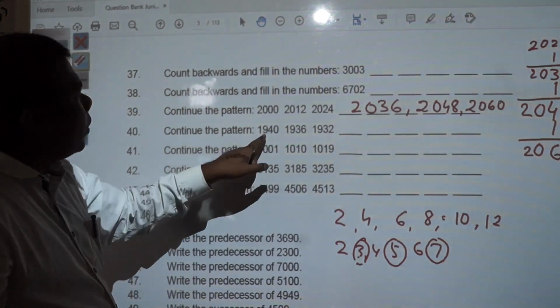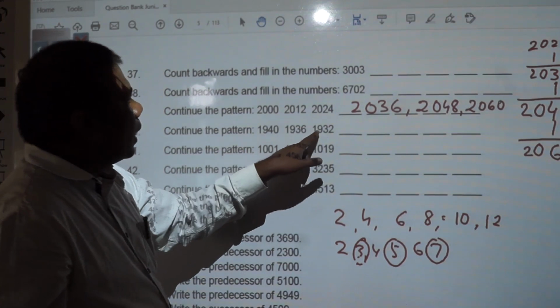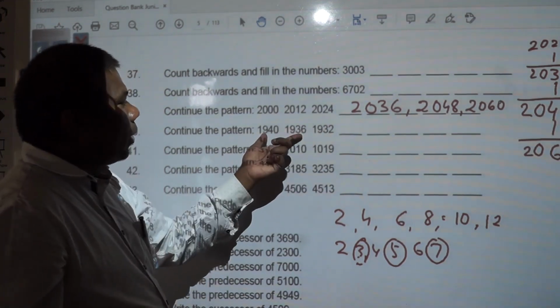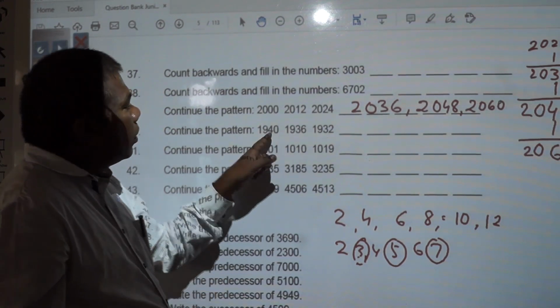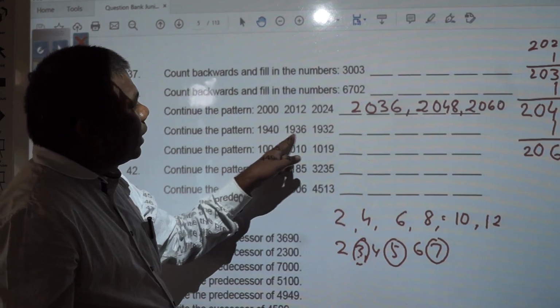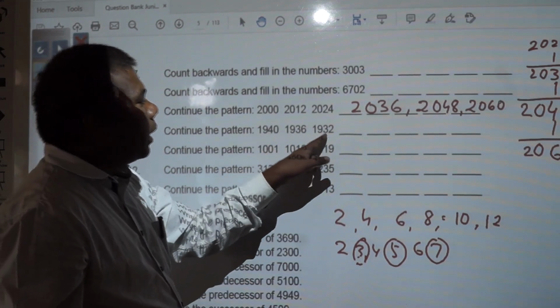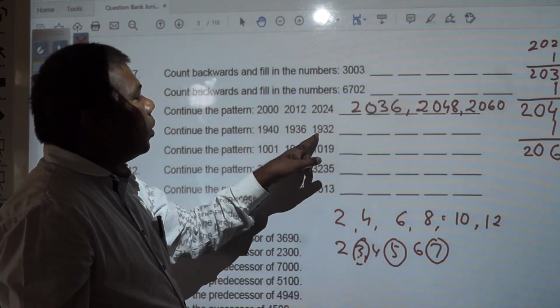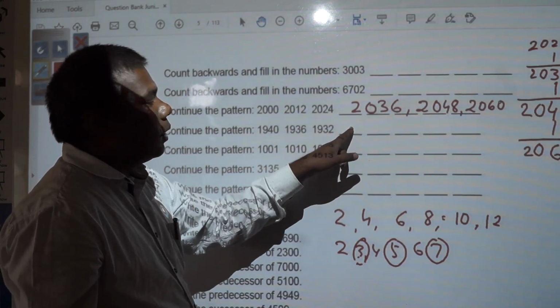Here the next pattern you have is 1940, 1936, 1932. Try to understand what is happening. Numbers are getting decreased. After 1940, it has been written 1936. It means 4 has been decreased. Here again 4 has been decreased, so 1932. Here you subtract 4 and write the number.